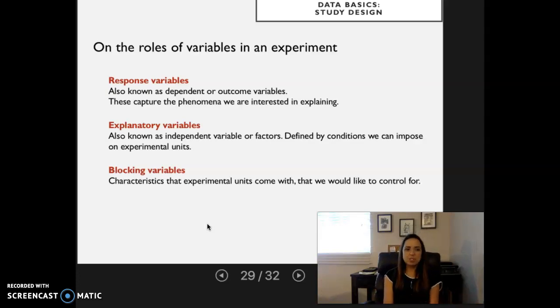And blocking variables are characteristics that experimental units, or people, or countries come with that we would like to control for. So in the prior example, we have the level of professionalism in running, whether you are professional or not, interfering with the effect of the gel. So we decide to block the participants so we can look at the effect separately in pro athletes and amateur athletes.